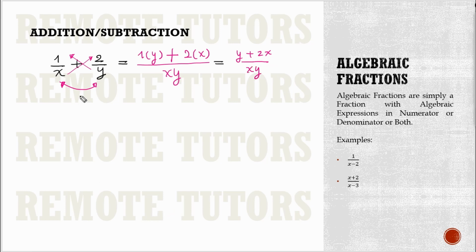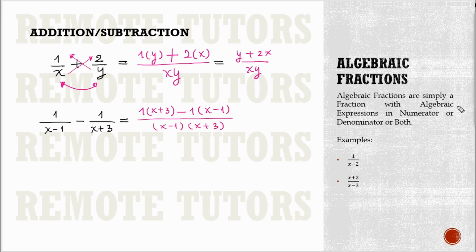Now let's try the same with another example. 1 divided by x minus 1 minus 1 divided by, let's see, x plus 3. So you follow the same steps. Cross multiply 1 times x plus 3 minus 1 times x minus 1 divided by x minus 1 times x plus 3.